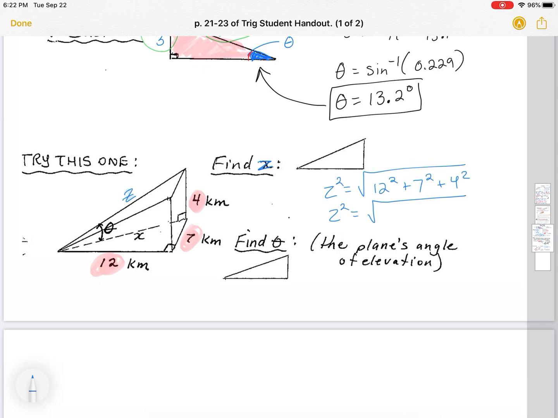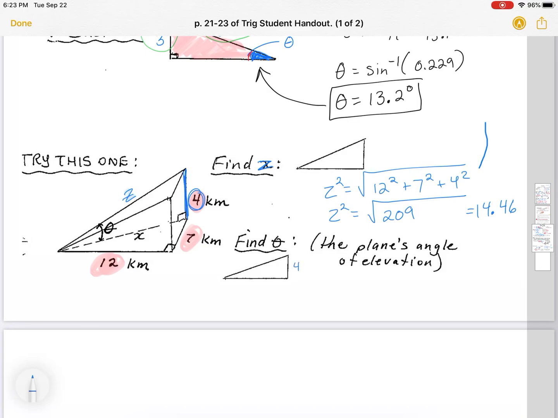So if we put this in our calculator, let's figure it out. 12 squared plus 7 squared plus 4 squared. I like my calculator to do my work for me. We'll get 209. I take the square root of 209 and I get 14.46.